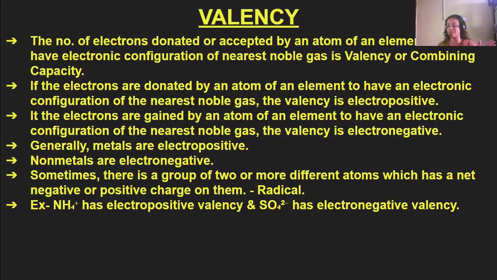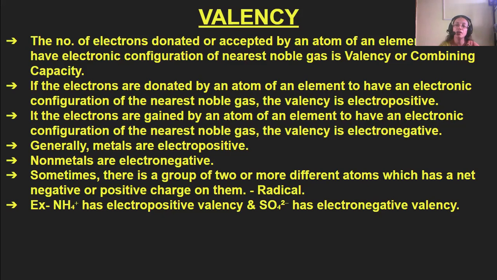It is a compound, but it behaves like a single ion having a negative charge of 2. So it has a valency of 2, with minus 2 being the valency of this radical. It is known as the sulfate ion, and the previous one was the ammonium ion.